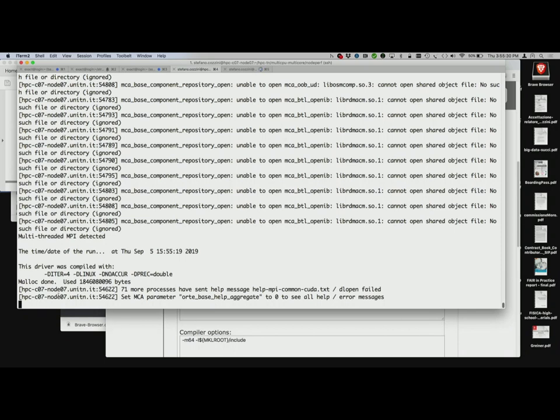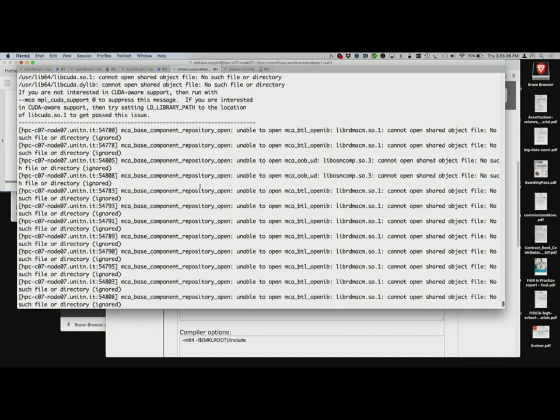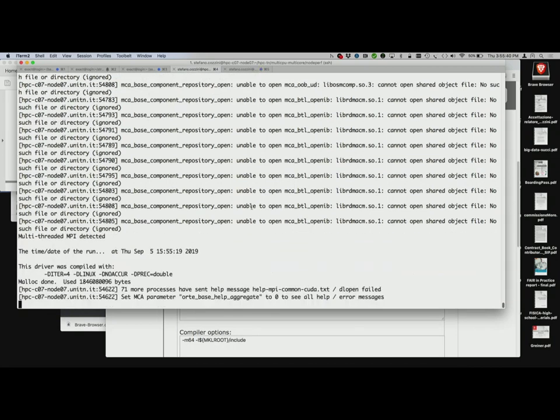And then I can run on a whole node. There are a lot of errors here that I don't want to comment on today. I will comment tomorrow on this because this is related to the InfiniBand network.